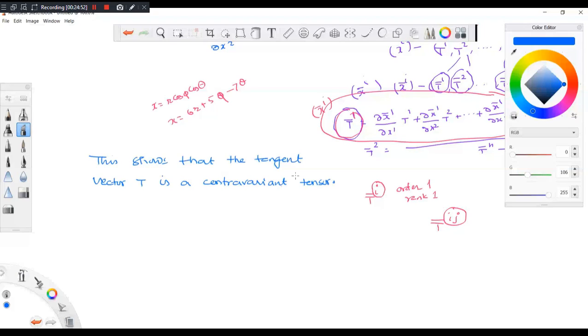Why is it a contravariant tensor? Because it transforms like a contravariant tensor.